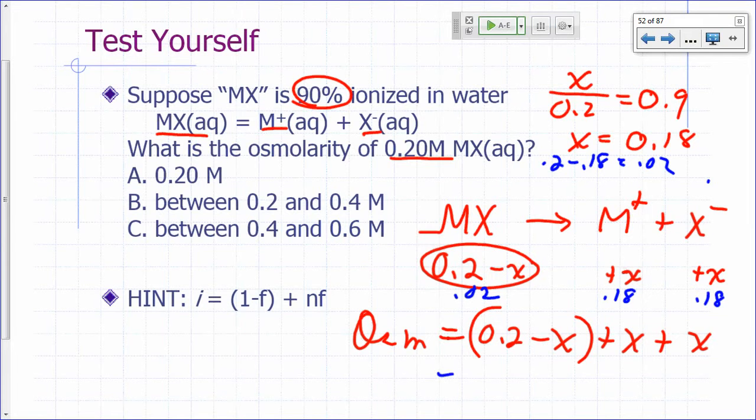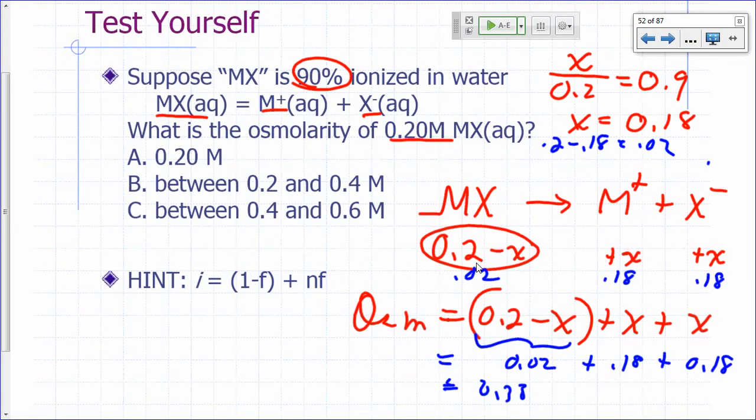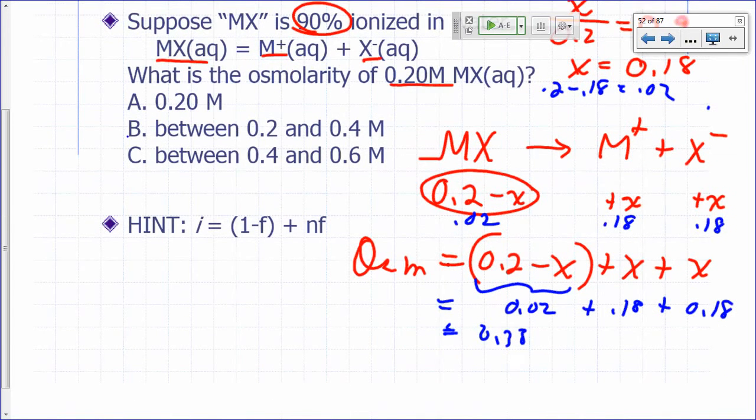So how much would you have total? This is going to be 0.02 plus 0.18 plus 0.18. Okay? So it's going to be 0.38. So what would be the osmolarity of your solution? It's going to be between 0.2 and 0.4.